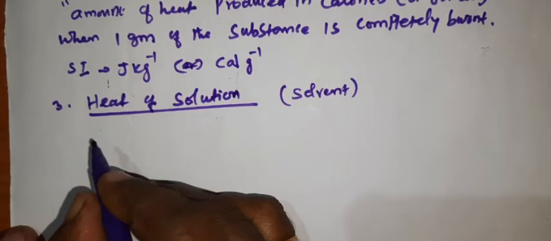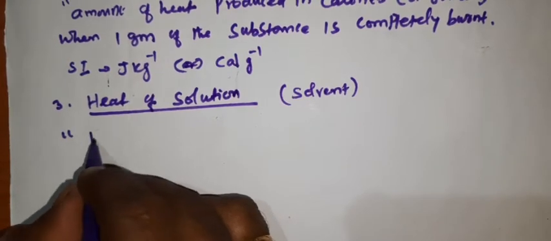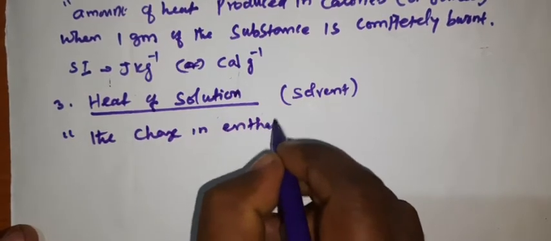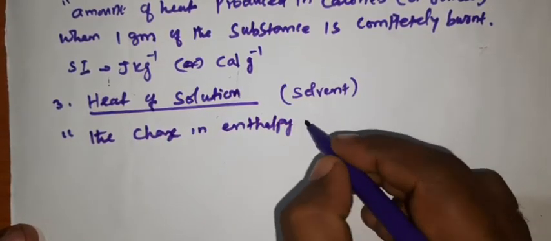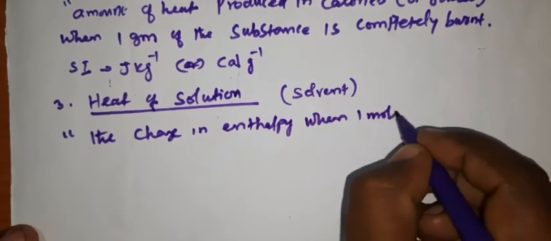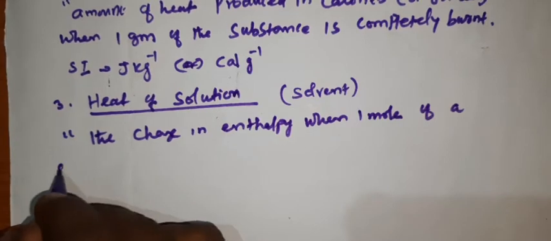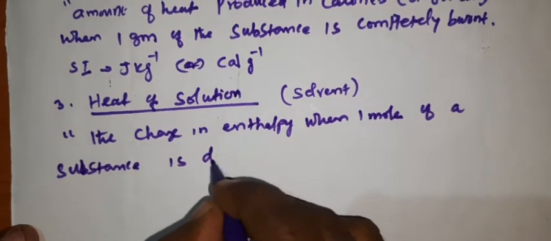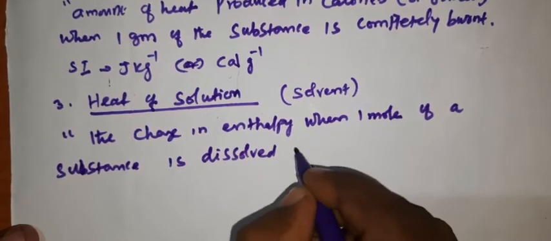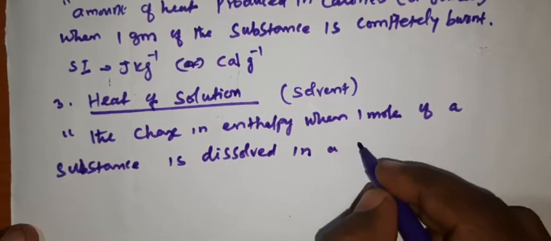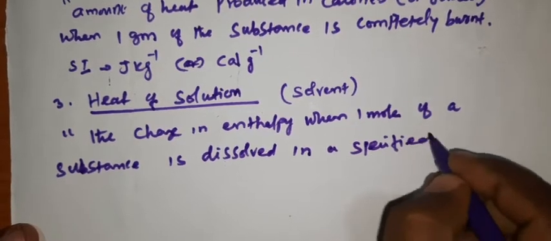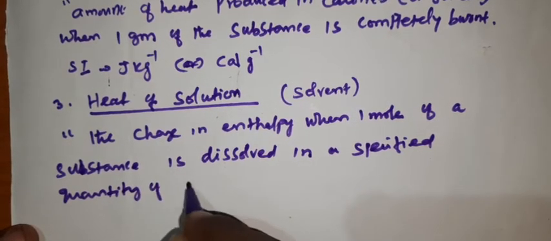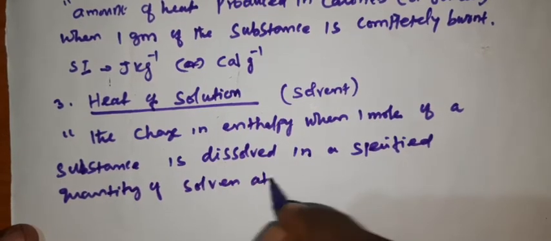The heat of solution is defined as the change in enthalpy when 1 mole of a substance is dissolved in a specified quantity of a solvent at a given temperature.